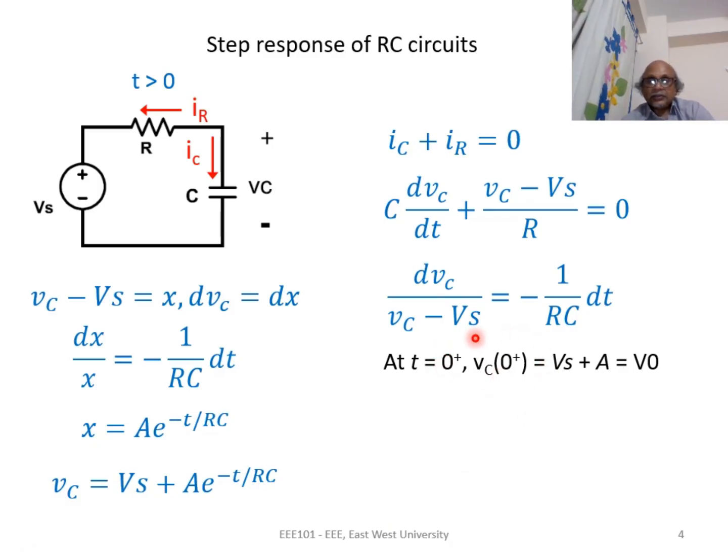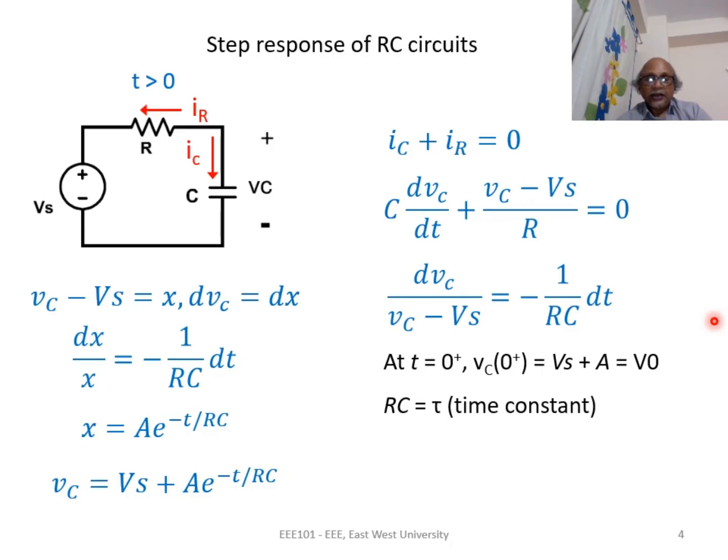The value of the capacitor voltage at t equal to 0 plus is known from the initial condition, which is equal to V0. From this equation, if we put t equal to 0 here, we get Vs plus A. So this is what we obtain. The integration constant A is now V0 minus Vs. This is the expression of A, V0 minus Vs.